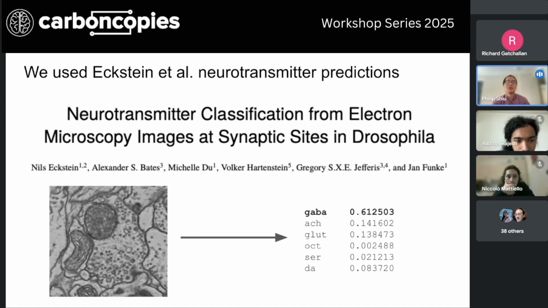That was basically the only free parameter that we had in this entire model. So to summarize, we implemented a really simple computational model across the entire brain using the connectivity and the neurotransmitter predictions that we get from the electron microscopy connectome.